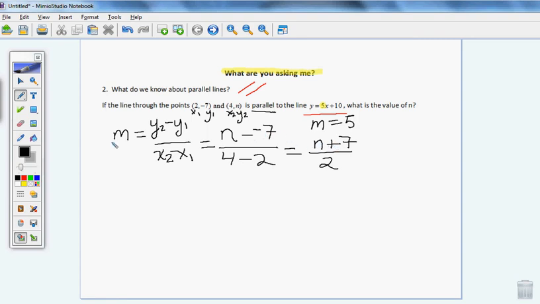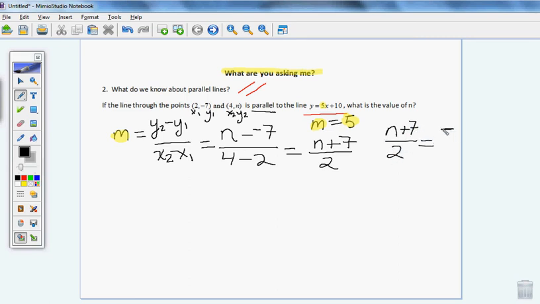So I want you to think about this a little bit. We know that the slope has to come out to 5. The slope is 5. So we know that this whole thing we're doing here has to come out to 5. Well, there's 2 ways to think about this right now. We could say, if the slope has to come out to 5, what would make this 5? So n plus 7 over 2, that's the slope I got.